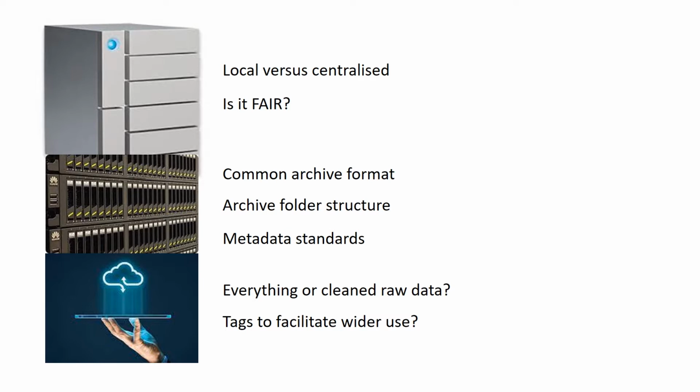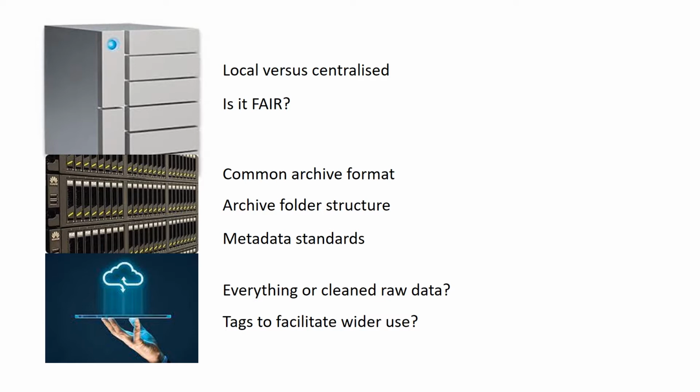Things that we may want to consider are common archive formats. I'm not sure people have common archive formats even within institutions for how different cruises are archived and kept safe for future use. Things like common folder structures might be useful. Common metadata standards.